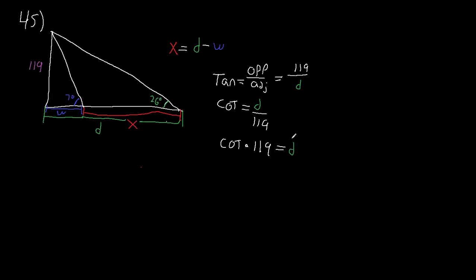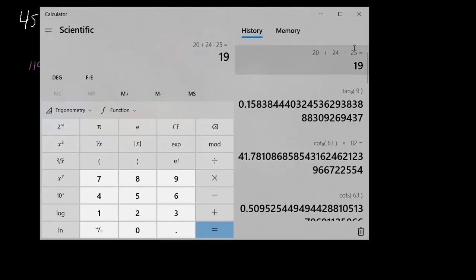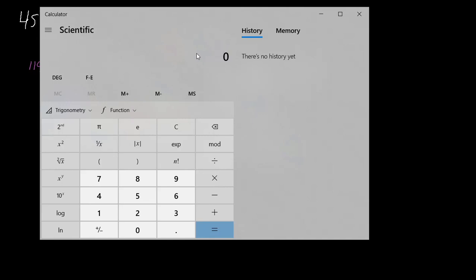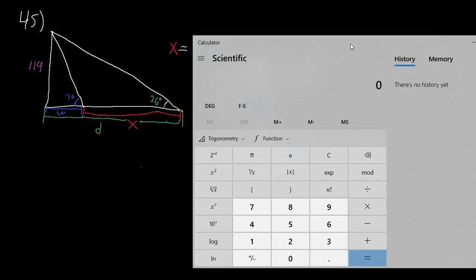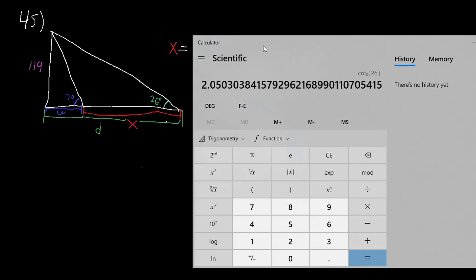This is where you would pull out your calculator and clear away all the stuff that we've got here. We want to calculate the cotangent of 26. We type 26, trigonometry, and we want the cotangent of that.